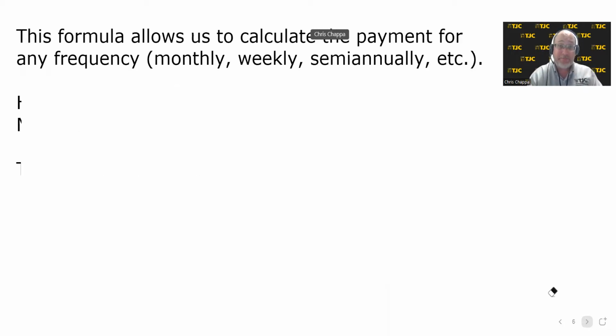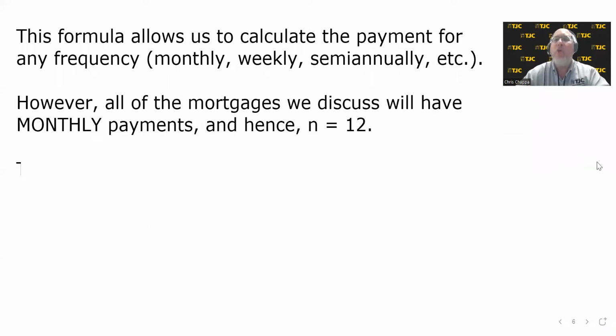Sort of. This formula allows us to calculate the payment for any frequency. Monthly, N equals 12. Weekly, N equals 52. Semi-annually, N equals 2, etc. However, all of the mortgages we discuss will have monthly payments, and hence N is equal to 12.